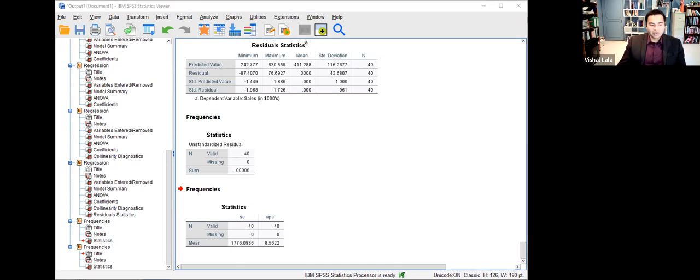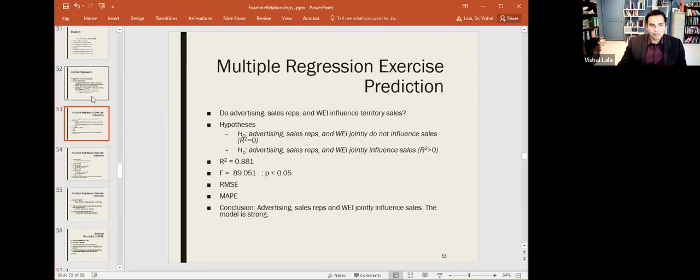And if you run that square root, you'll figure out the square root is 42.14378. So let me head back to the slide now. We can put all these numbers together. Our RMSE turns out to be 42.14378. MAPE is 8.5622.